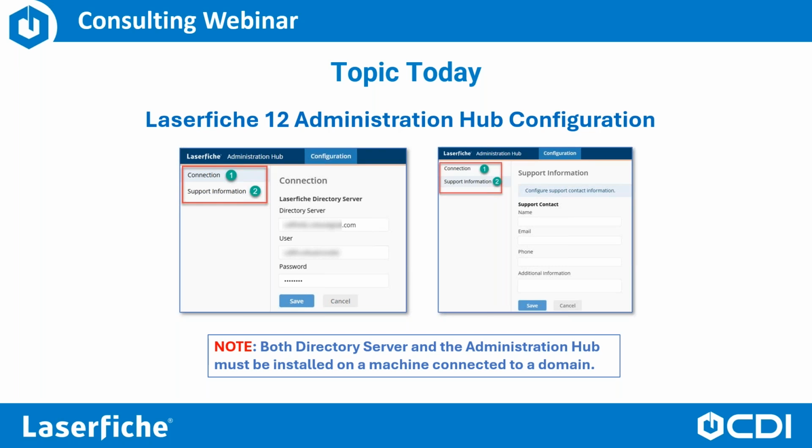The biggest thing to keep in mind is that both the directory server and the administration hub must be on a machine connected to a domain. I'll show you that in the demonstration. So that's one key thing to remember.